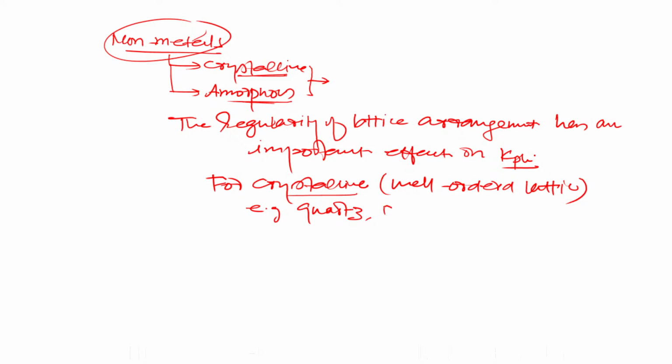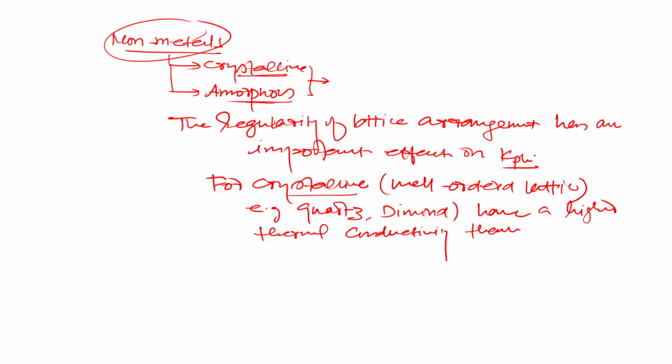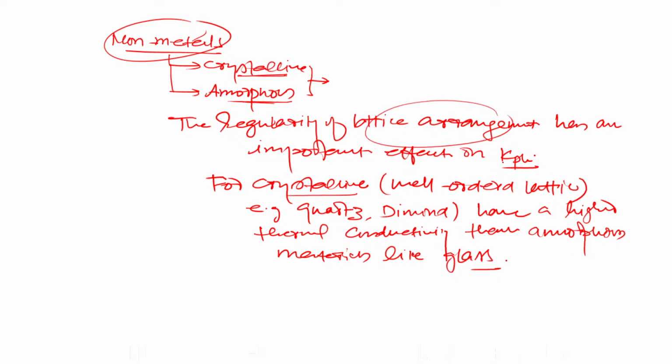Quartz, diamond have higher thermal conductivity than amorphous material like glass. So the regularity of lattice arrangement will play a very important role.